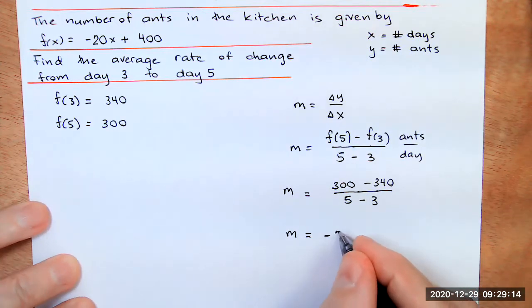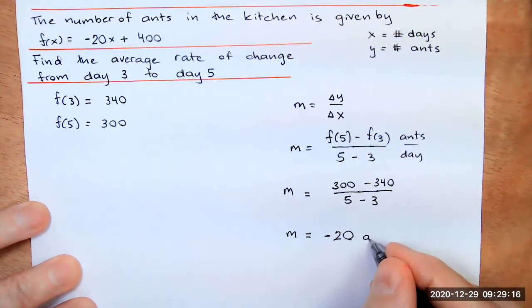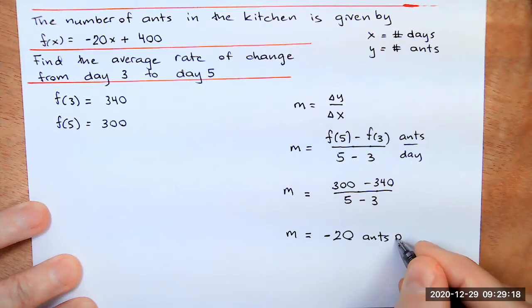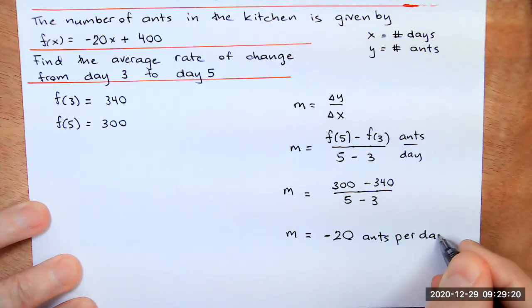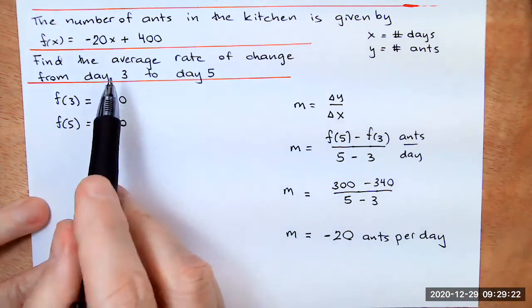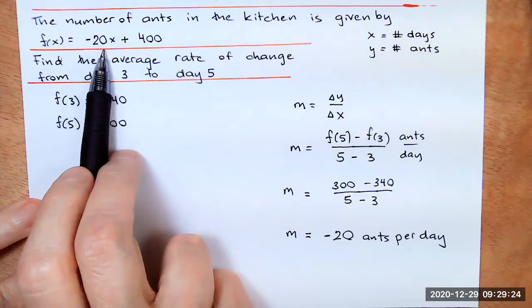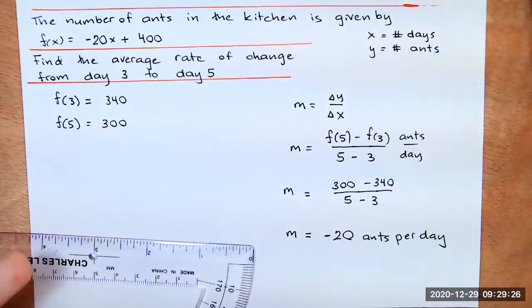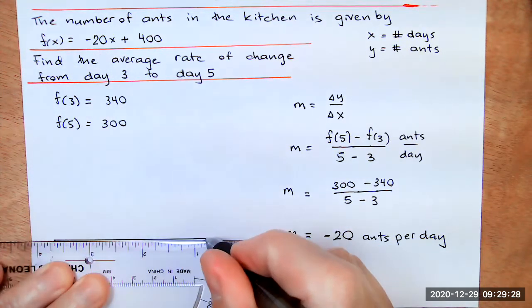We end up with negative 20 ants per day. And looking at it, that should be no surprise because this is a linear function.